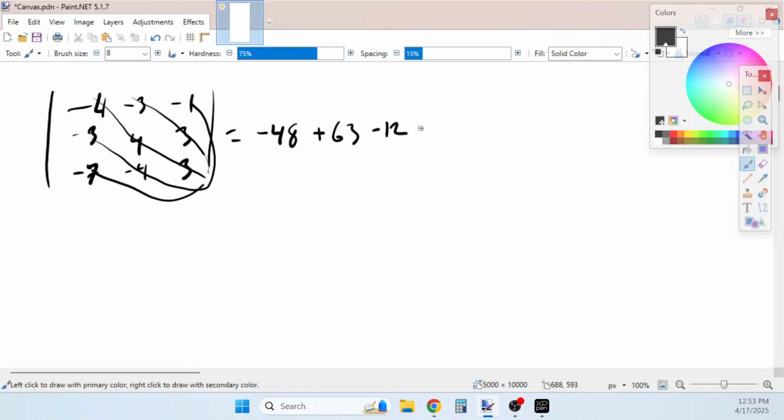Those are our positives. Now we have our negative products. -1 times 4 times -7 is, 3 times 4 times 4 gives us 8 again.